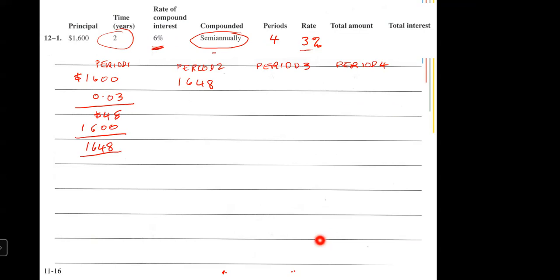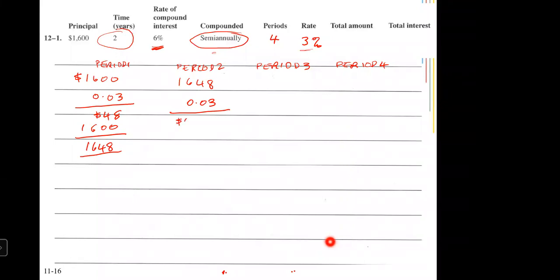We're going to find 3% now of this 1,648. And when you find 3% of 1,648, what do we get? 49.44.